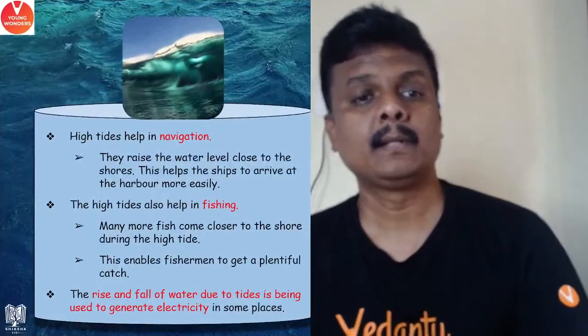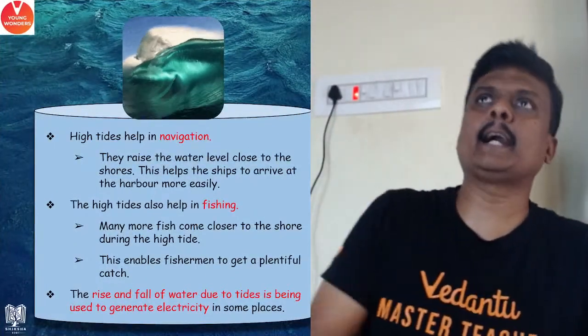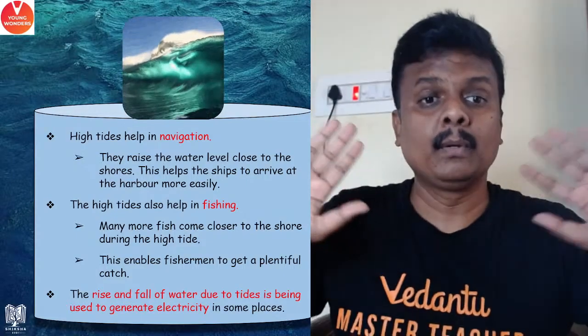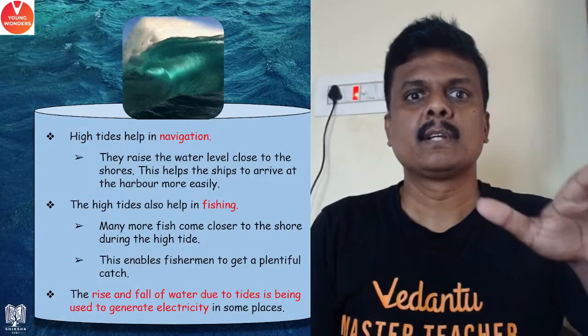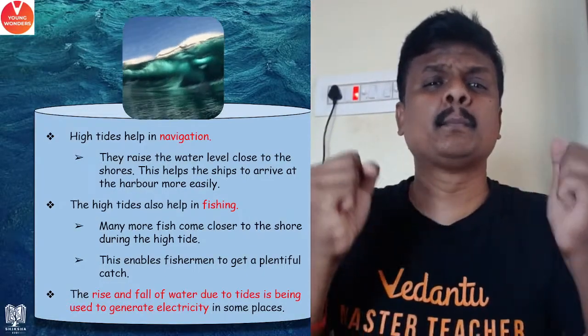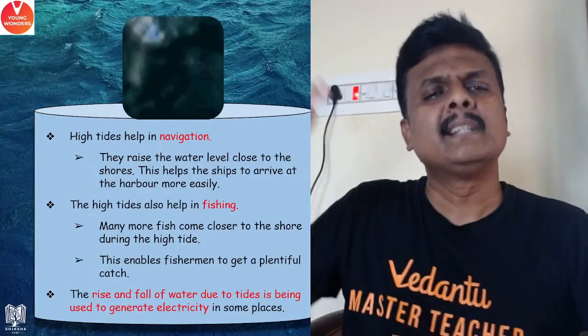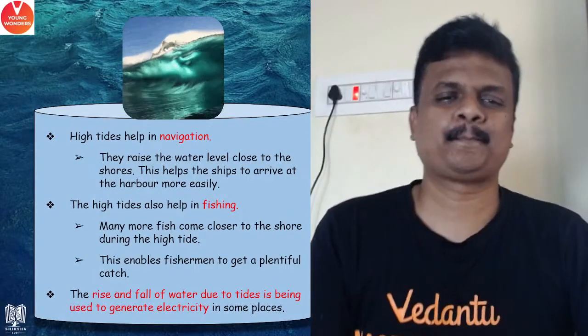Okay, now high tides. When there is high tide, water is very high. Forcefully it keeps moving, right? When there are ships, in high tides, ships don't need to move. If they are moving in the direction of the wind and the tide, ships can navigate very fast.